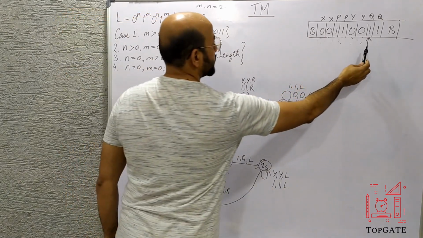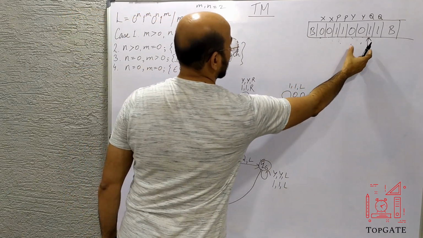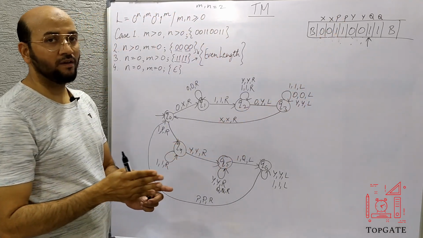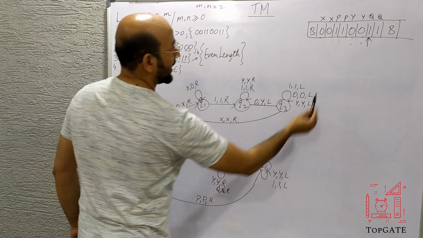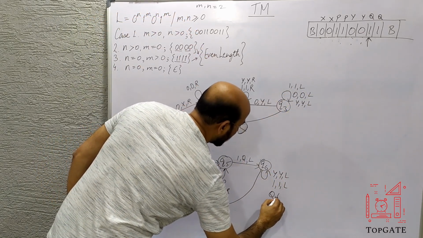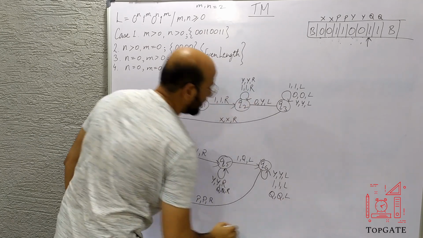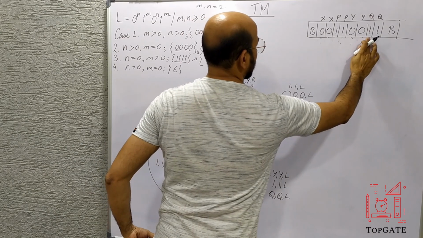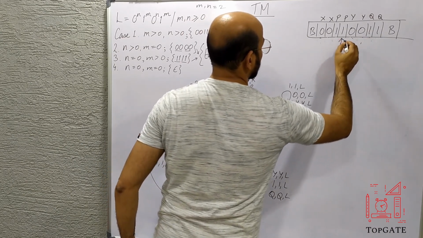Okay, now again I have to skip everything. Again I have to come to this p only, to the right of which I may find my next element. So I need to skip q this time. So I'll write, if you find q, keep it as q, go to the left side. So this q will be skipped, this y will be skipped, and the pointer will point on to this p now.